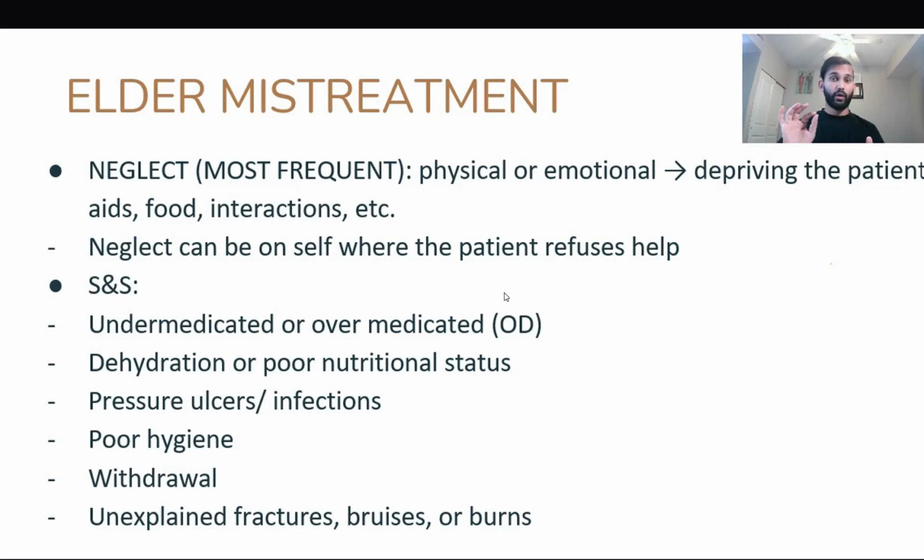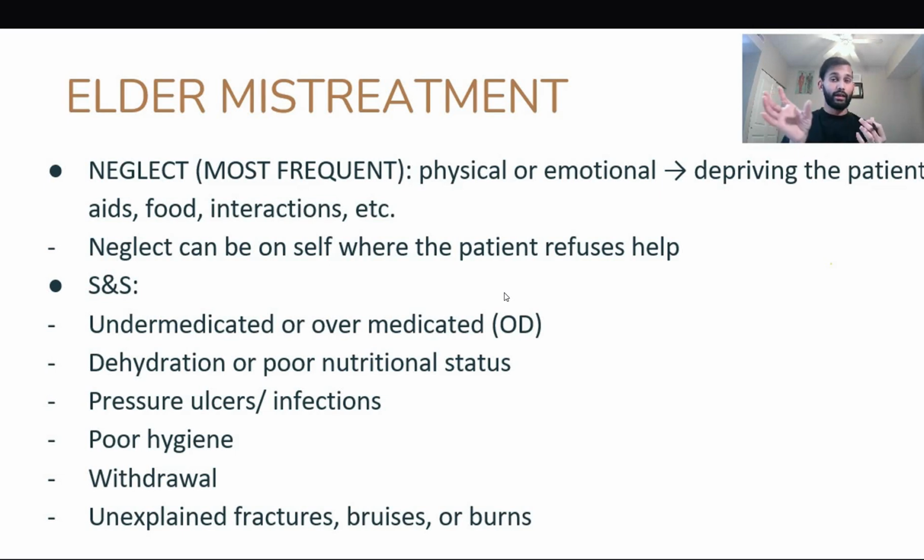In simple terms, we're neglecting to meet the needs and demands of the older adults, things such as lack of safety aids, proper aids, food, lack of interaction, and so on.